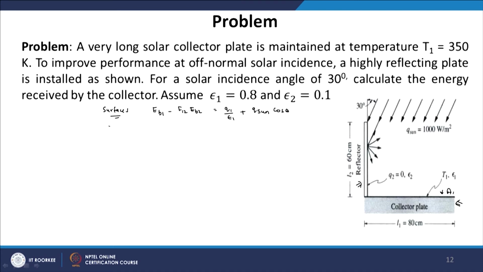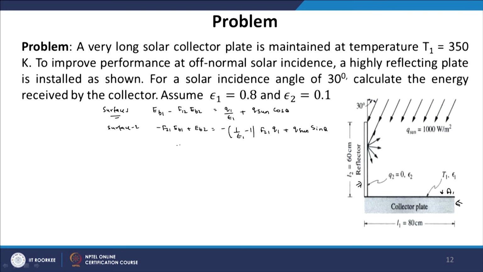Okay. And surface 2, similarly we write F21 EB1 plus EB2 is equal to minus Q1 plus Q sun sin theta. Okay. So, solar radiation is falling on both the surfaces. Okay. It makes an angle of a projection of cos theta on plane 1 of surface 1 and sin theta on the vertical plate. Okay.